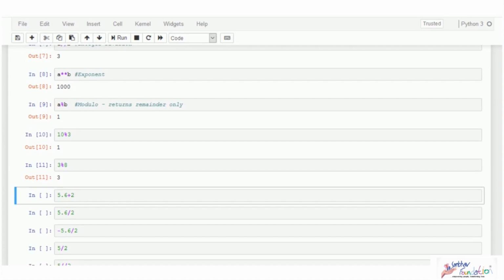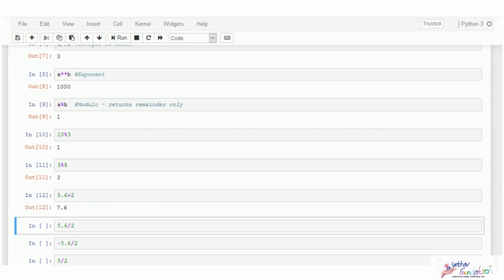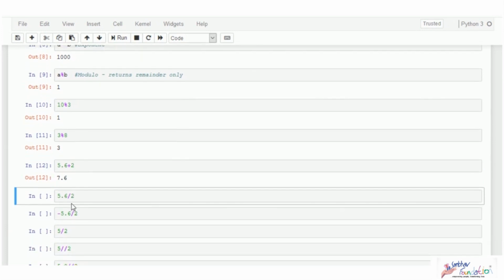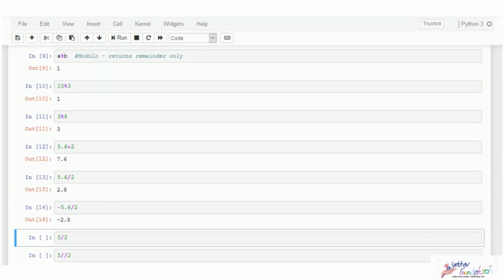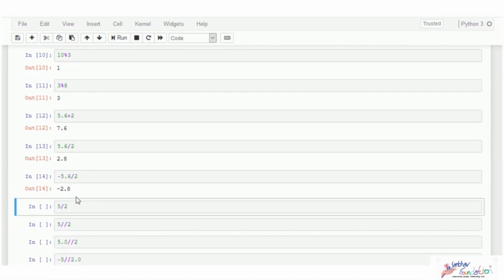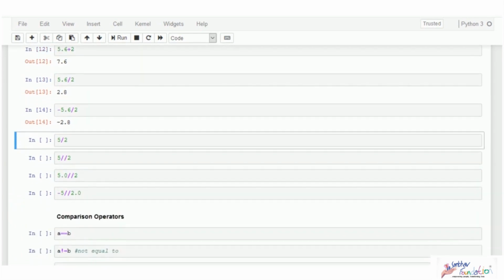The result will be a float number. So here we have 5.6, which is a float, and 2, which is an int. When you add 5.6 and 2, you get 7.6, which is a float. So Python automatically converts the number when it finds that these two numbers are compatible. The same applies for division or any kind of arithmetic operation, and it applies to negative numbers too, as you can see.